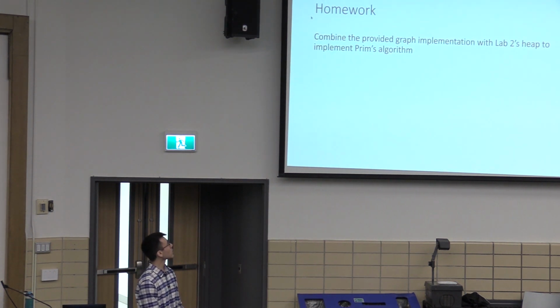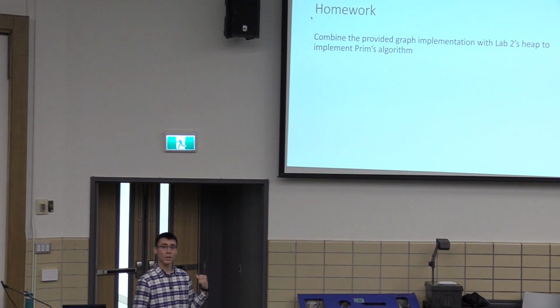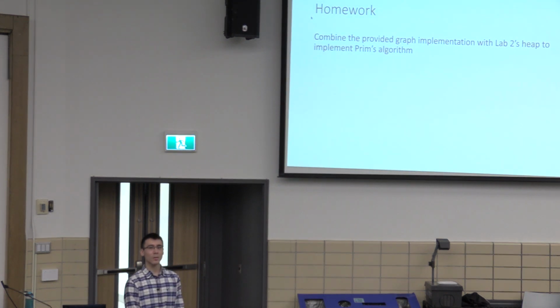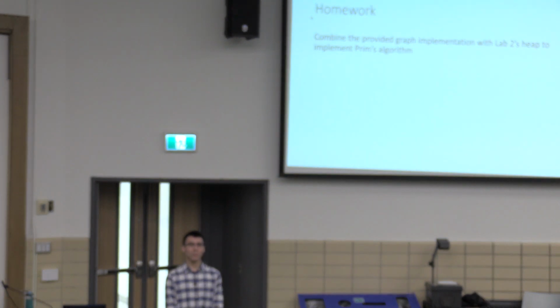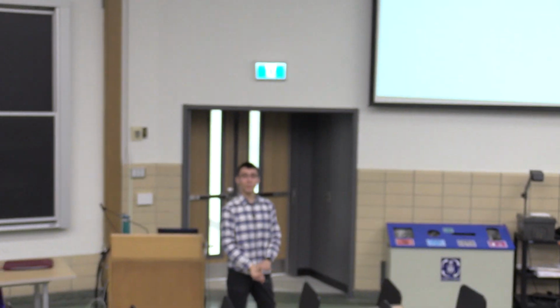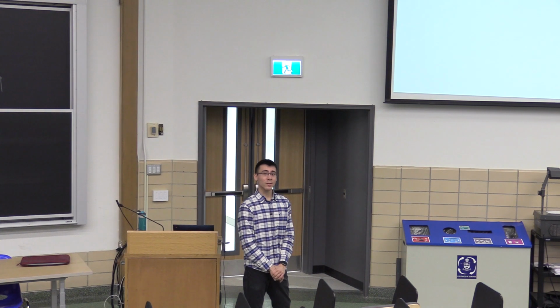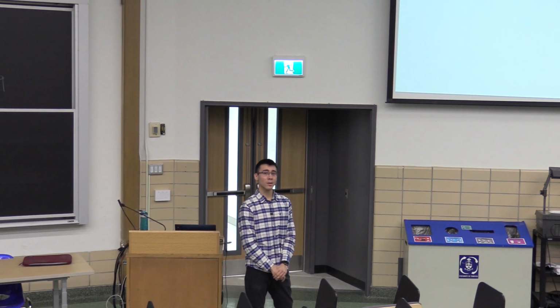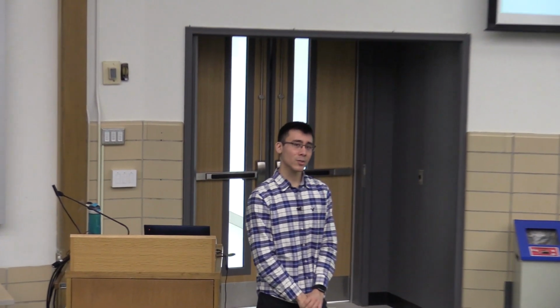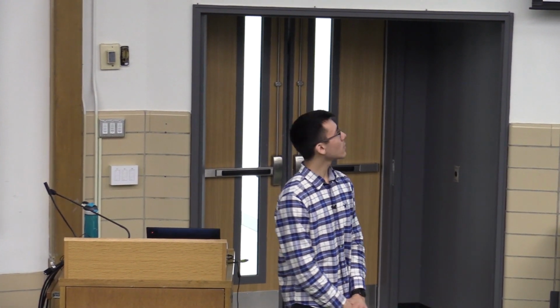Try to combine the graph implementation that we just coded up and also the heap to implement Prim's algorithm. It's not listed there, but I would also say try to program depth-first search as well, just to warm up, because that should be a lot simpler than coding up Prim's algorithm. So I'll save that as an exercise for you guys to do using my implementation.